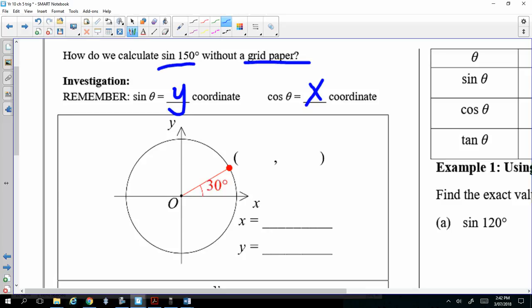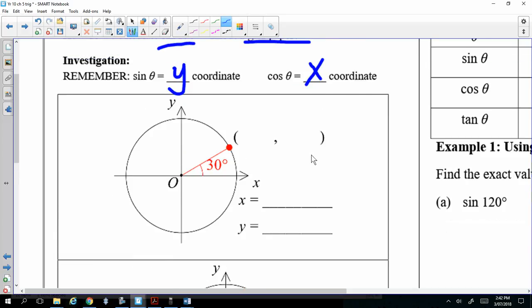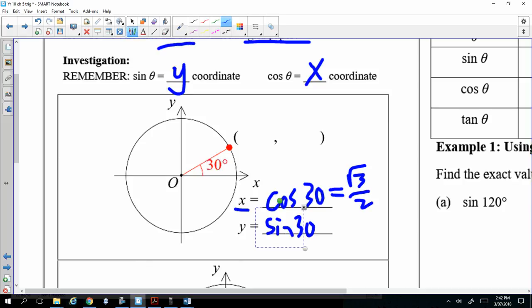Now, to calculate x, you do cos 30. So write cos 30 here. Now, what's cos 30? We know the exact value. Root 3 over 2. Remember we did the Kahoot? Okay, y equals sine 30. What's sine 30? Half. So you get the coordinate of this point.